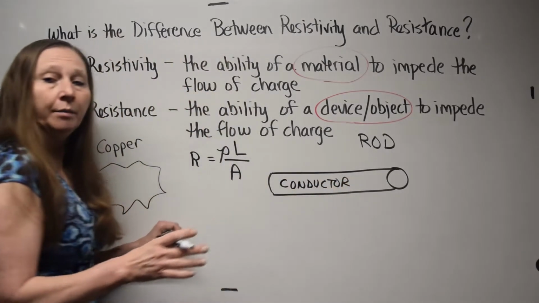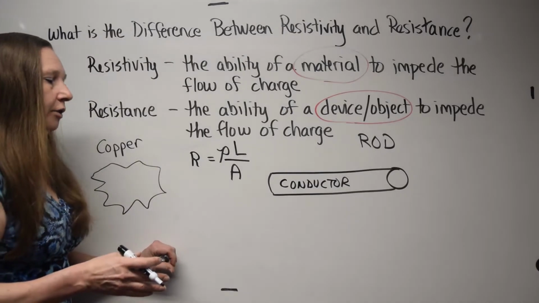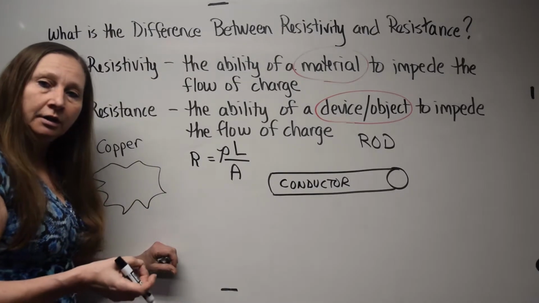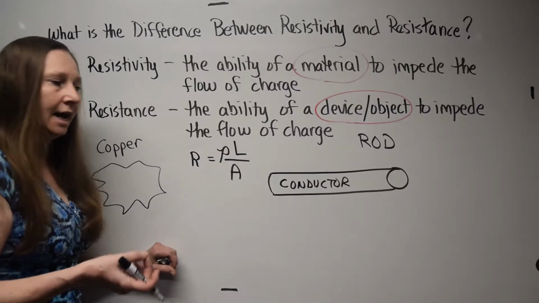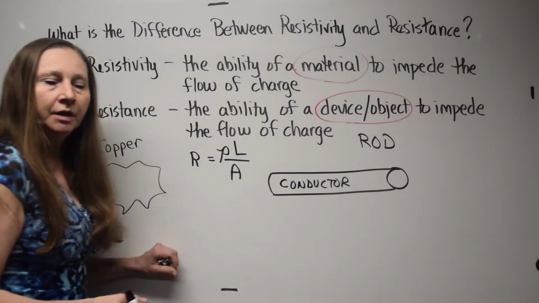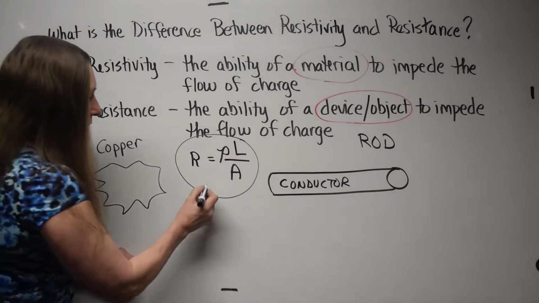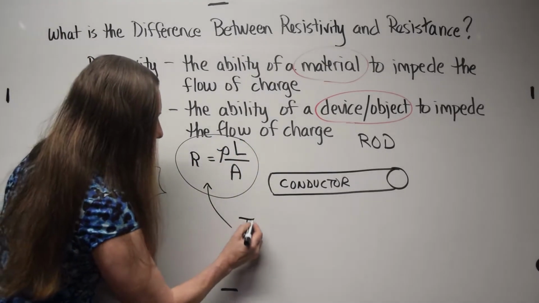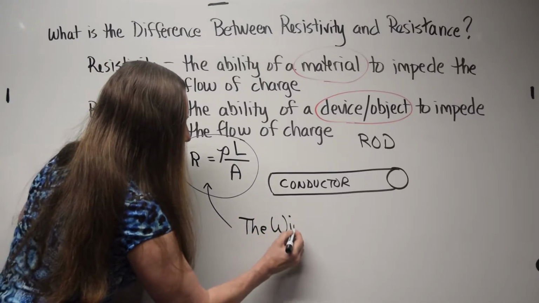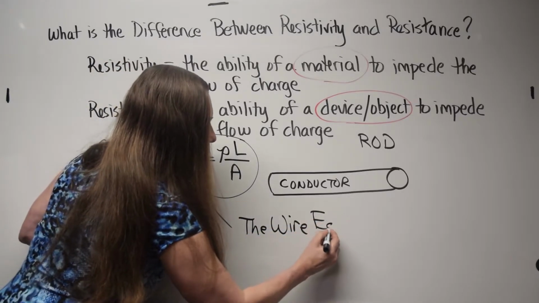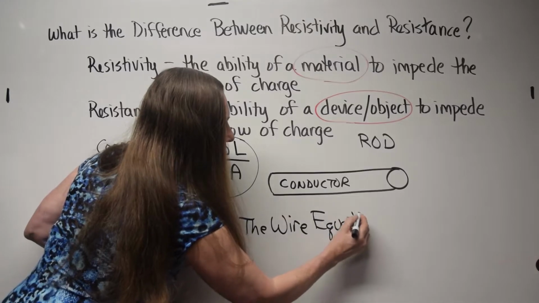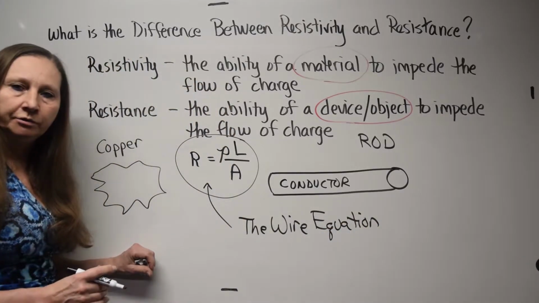You'll see problems where they're asking about a piece of wire, and you'll see problems where they're asking about a conductor. In either case, you will probably go straight to this equation, which I like to affectionately call the wire equation. And this equation is for pieces of wire or conductive rods.